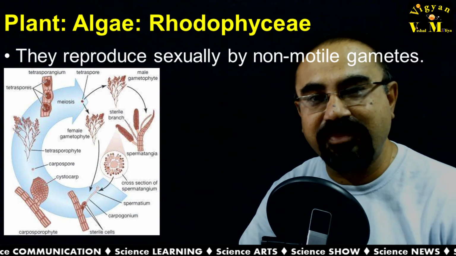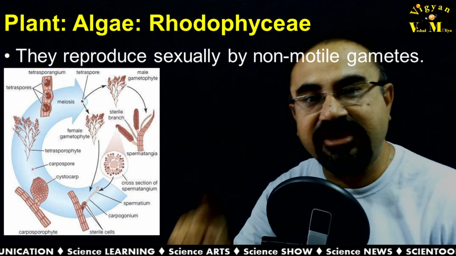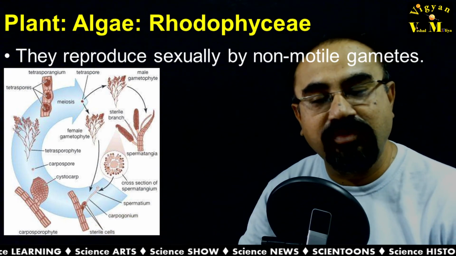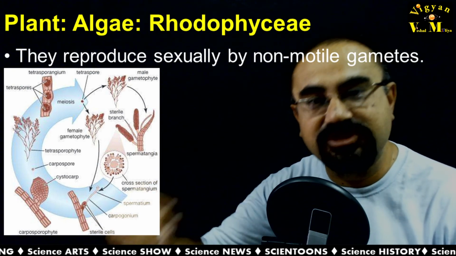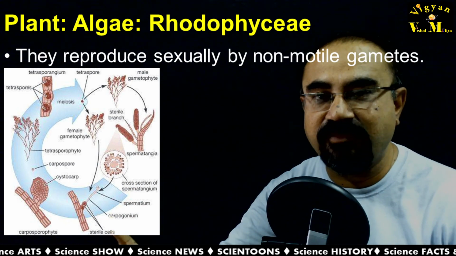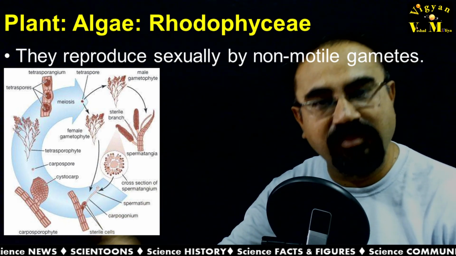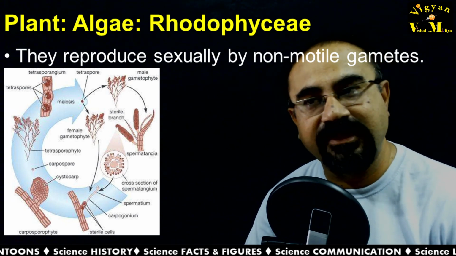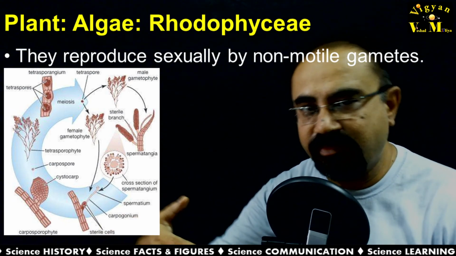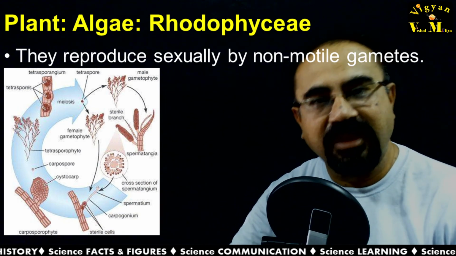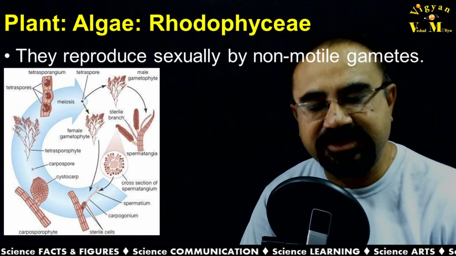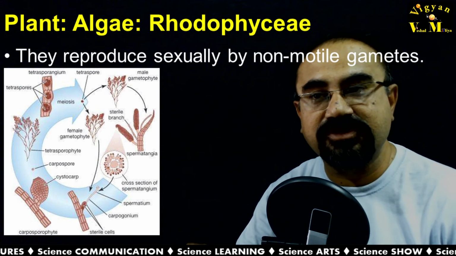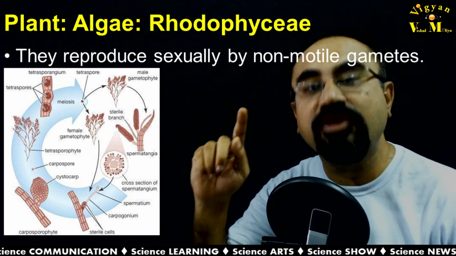Again, do remember the gametes are non-motile because in the ocean they need no special structure for movement, because of the presence of a lot of animal movement as well as tide in the ocean, so automatically they can move, they can swim, and there is no requirement of a special flagella-like structure. So here sexual reproduction is by gametes which are non-motile.